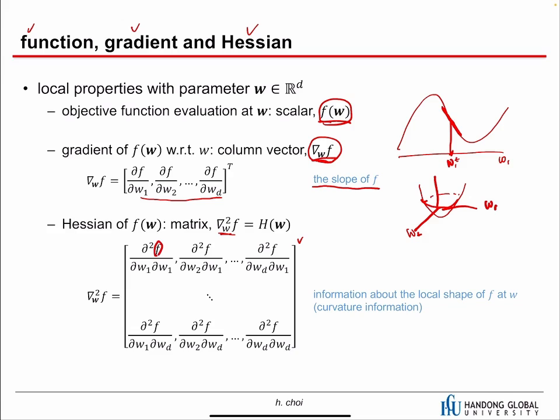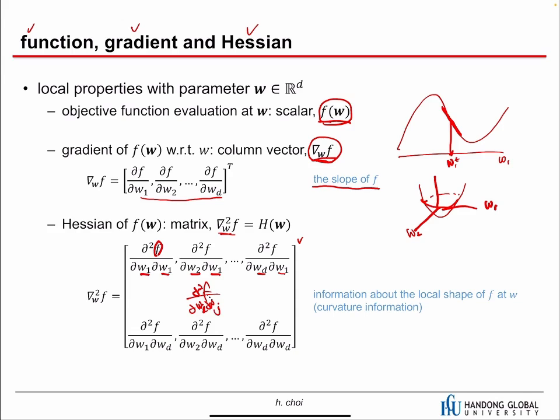We have f, and then we can take a derivative with respect to w1 and w1, w2 and w1, wd and w1. And likewise, in the middle of this matrix, we have the partial derivative of f with respect to wi and wj. So it's a matrix.